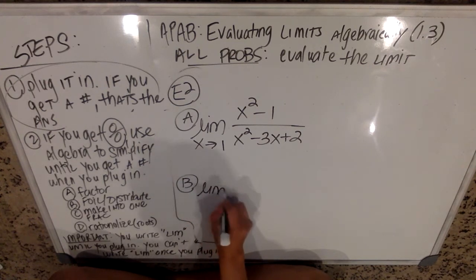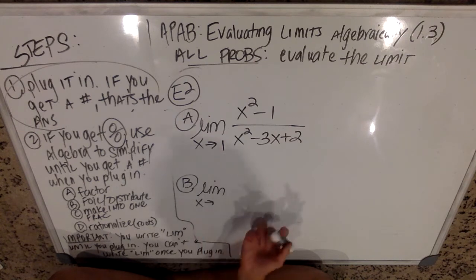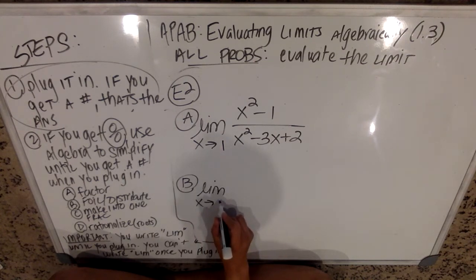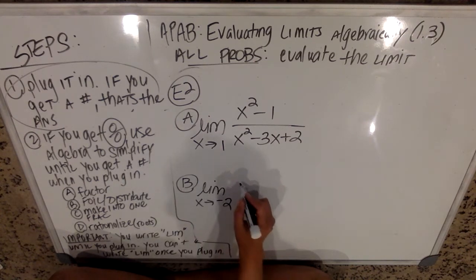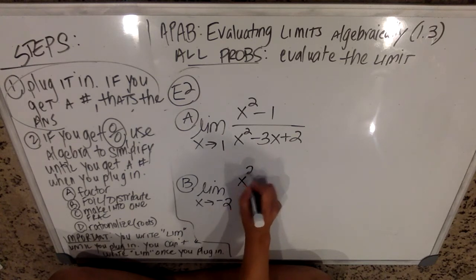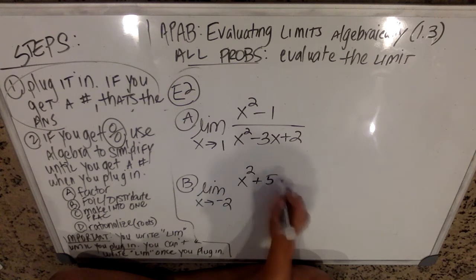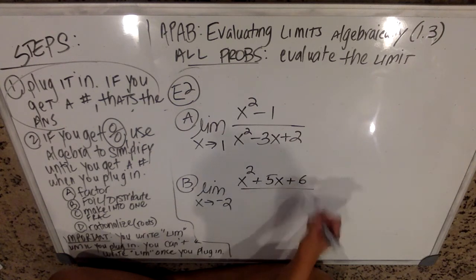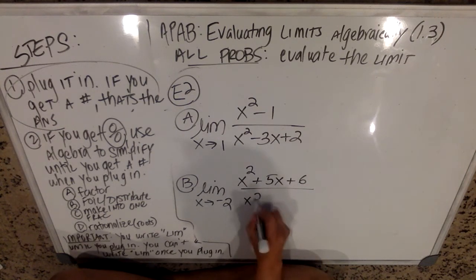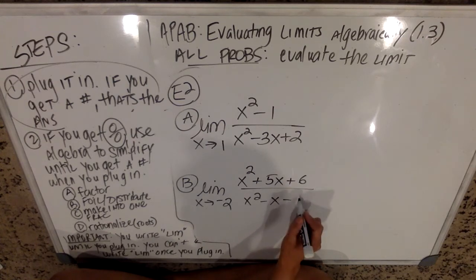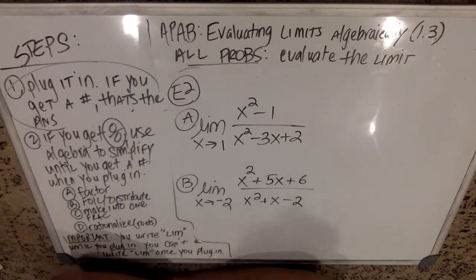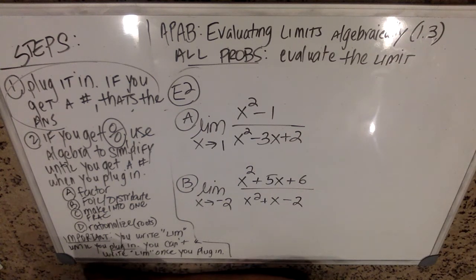Let's do the limit as x approaches -2 of x squared plus 5x plus 6 over x squared plus x minus 2. I think I stand by that. That's going to work.